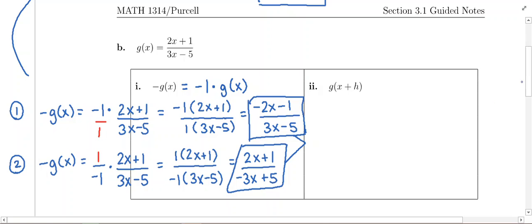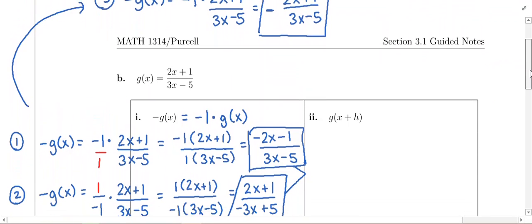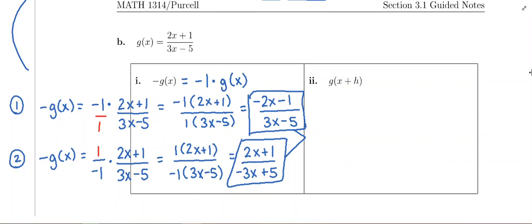Or you can just stick the negative out front where that negative does not belong to the numerator or the denominator. So the moral of the story is, if you're multiplying a fraction by -1, you're going to multiply the numerator or the denominator by -1, but not both.